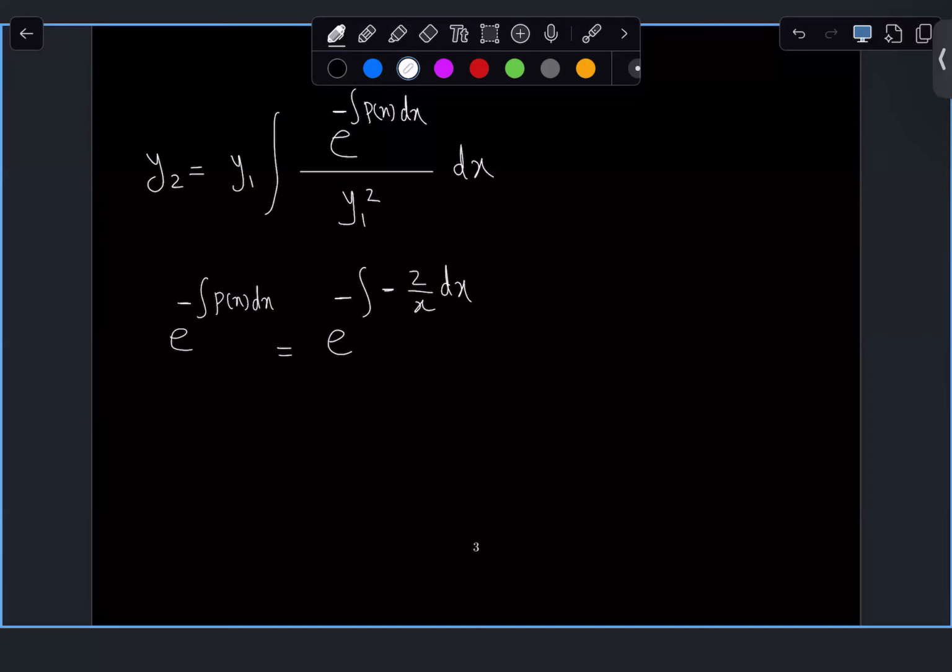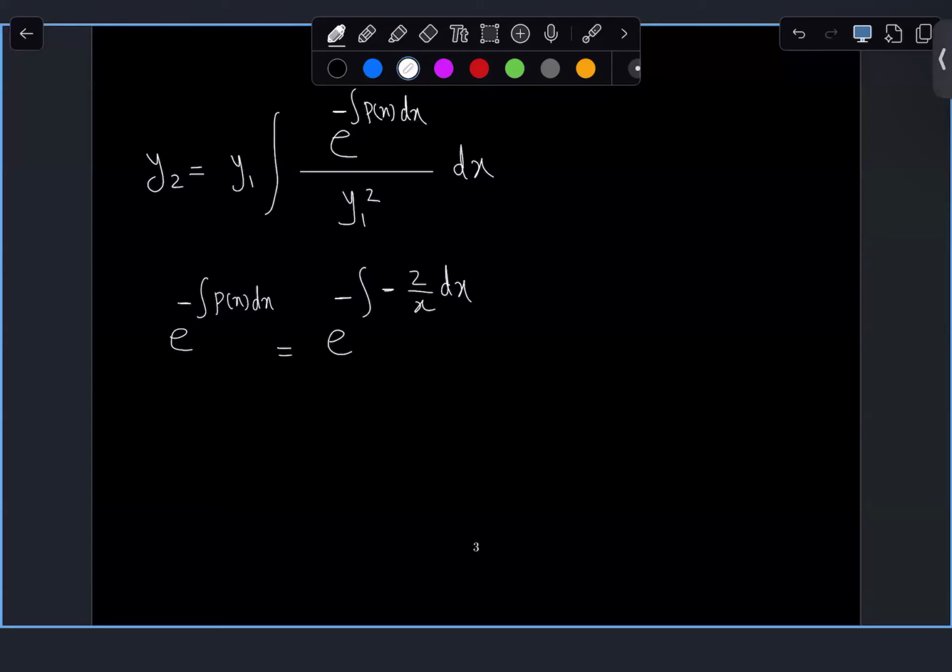Questions? Does anyone know how to do this integral?